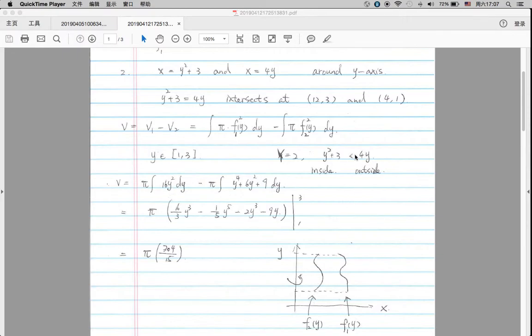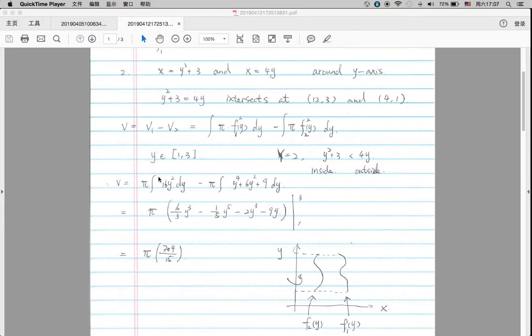So we substitute y squared plus 3 as our f of 2, and 4y as our f of 1, then calculate the integral for both functions and take the difference, and this will give us the volume of these two functions revolving around the y-axis.